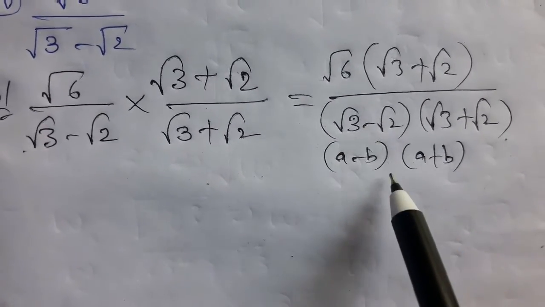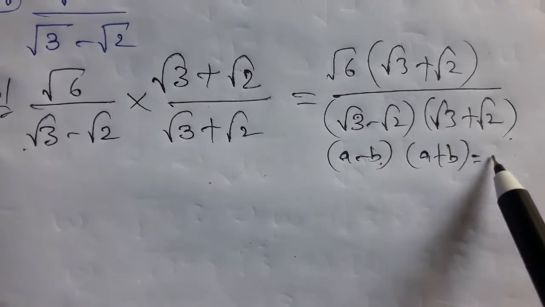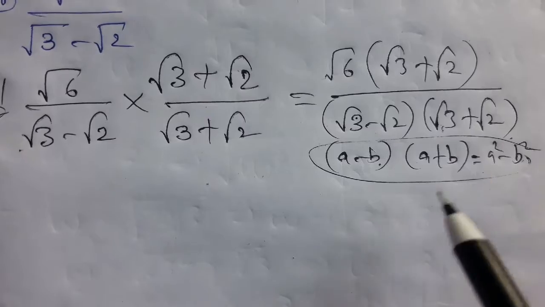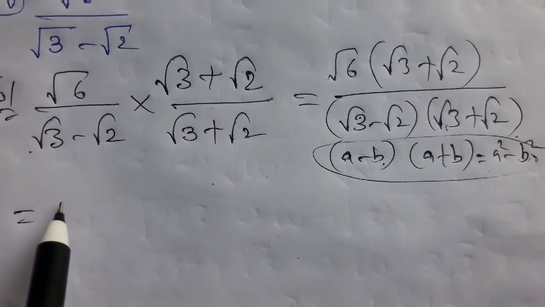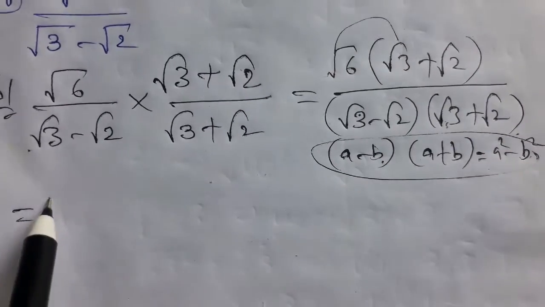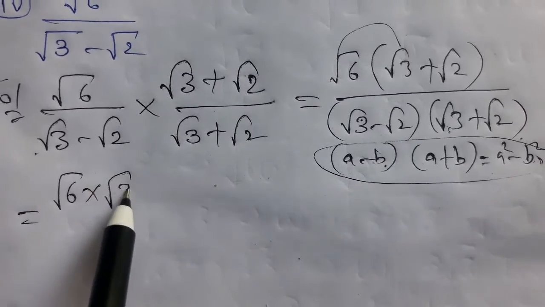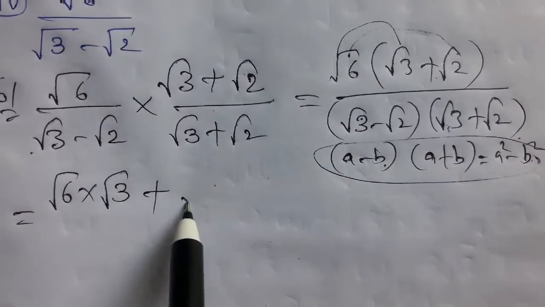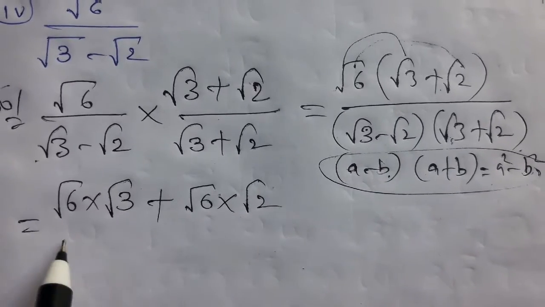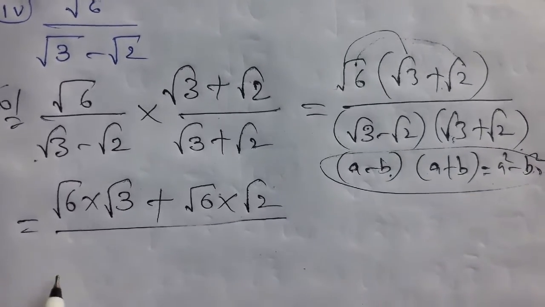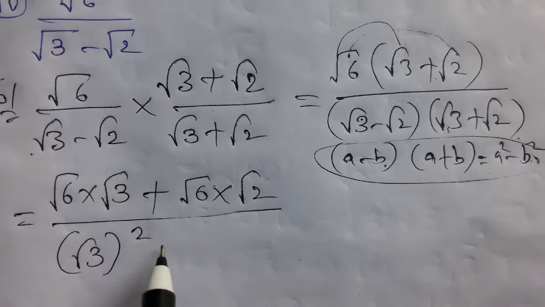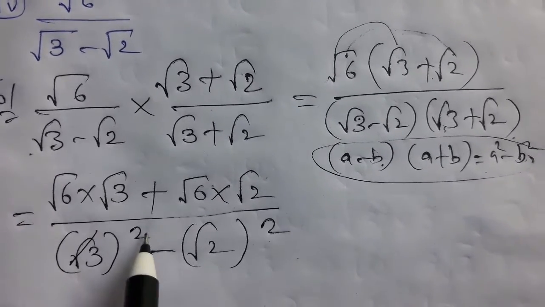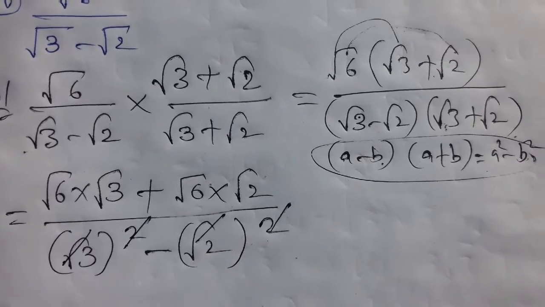Here a value is root 3, b value is root 2. That equals to a square minus b square formula is useful in the denominator value. That equals to root 6 into root 3 plus once again plus is there, and root 6 into root 2 by this is root 3 whole square minus root 2 whole square. Root square cancel.